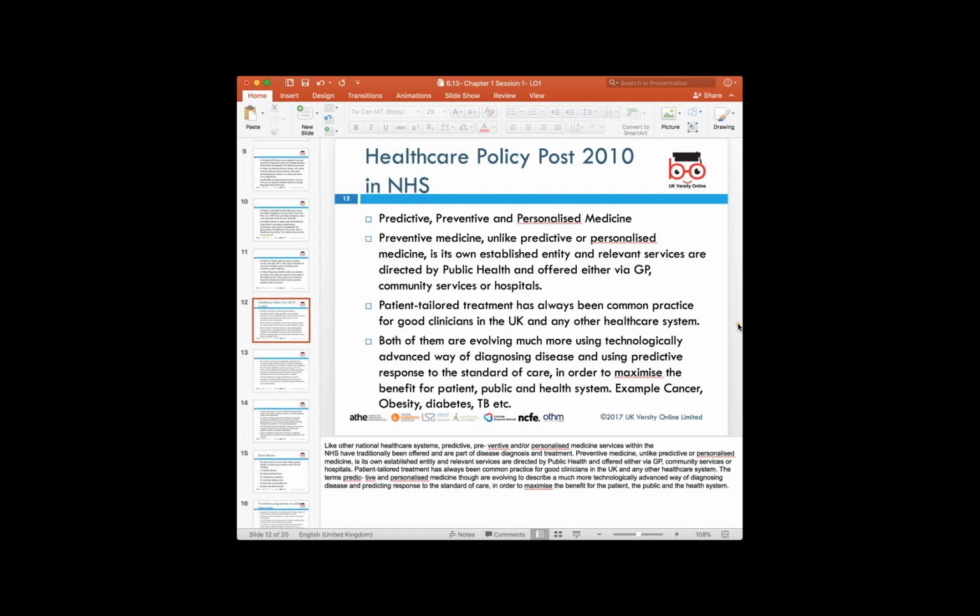If we know you have a family history of diabetes, then predictive and preventive procedures would be put in place within the GP surgery.